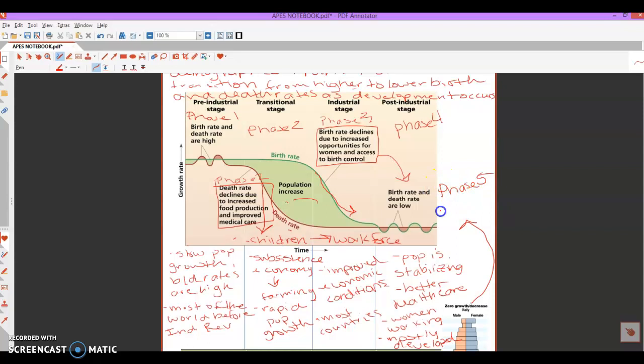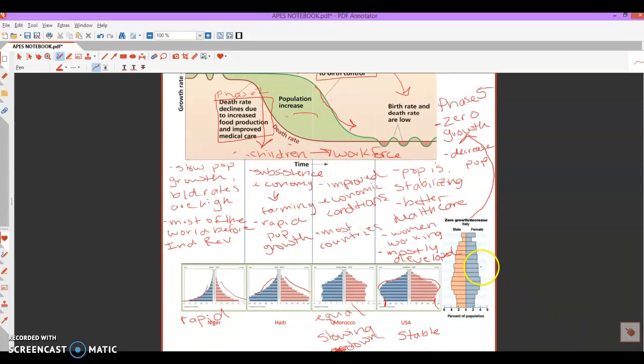And phase 5 means we have 0 growth, meaning that the population is not increasing at all. It also could be decreasing. So decreased population, meaning that we now have more older people, more people past the reproductive phase than we do younger people.